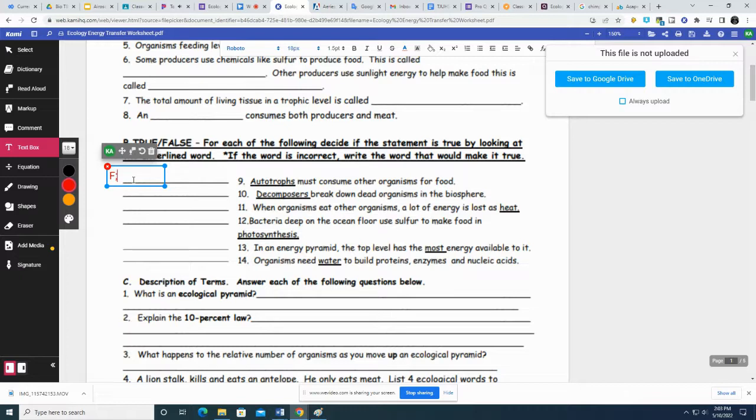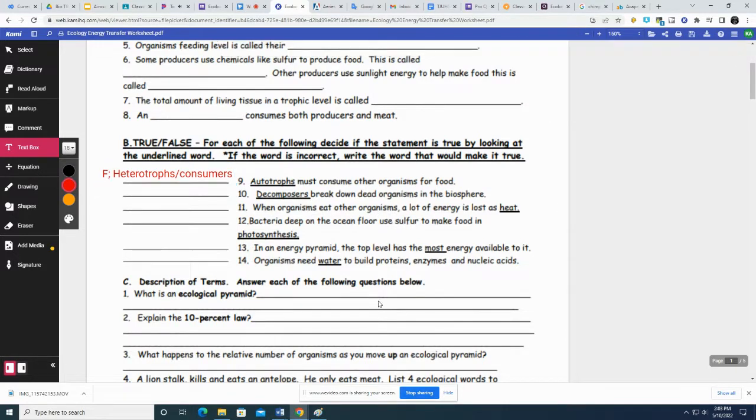To make it true, instead of autotrophs, you'll put heterotrophs/consumers. Now that would be a true statement: heterotrophs must consume other organisms for food because autotrophs do not. Remember, it's like trees. They make their own food using usually sunlight.